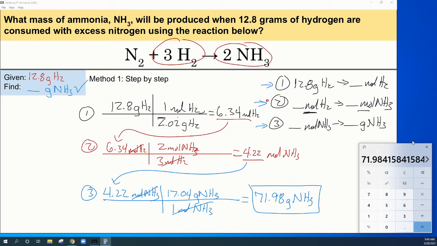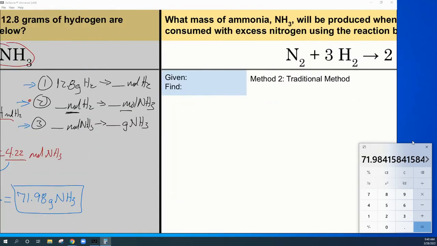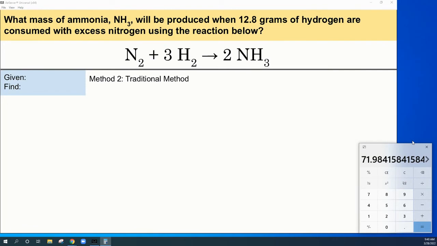All right. Same question, but I'm going to do the more traditional method. The more traditional method recognizes those same steps. And remember our steps: we start off with grams of the given.